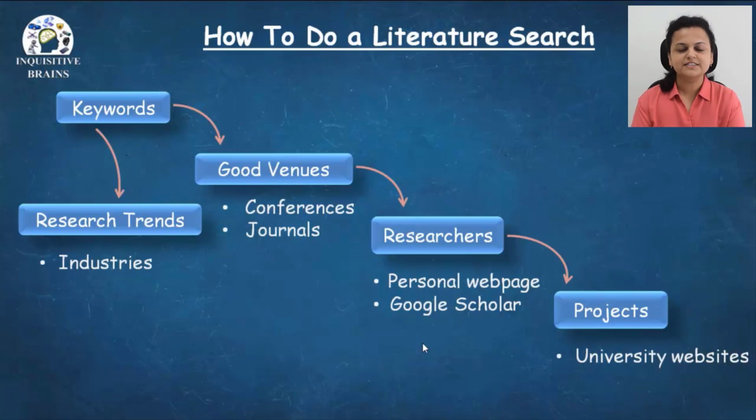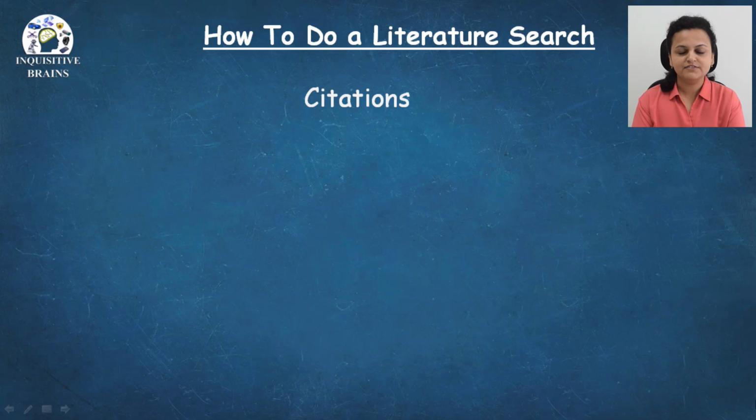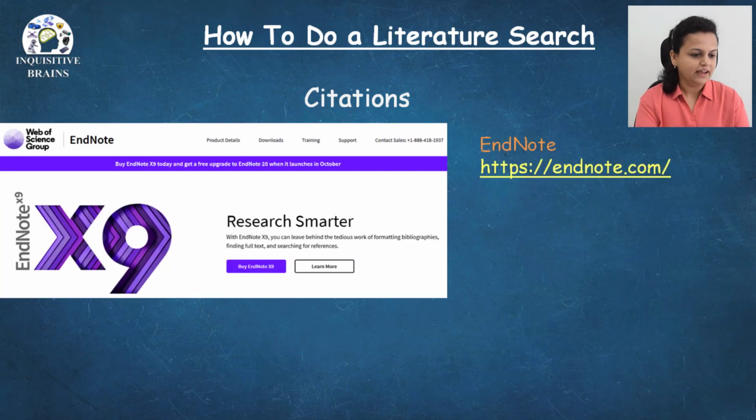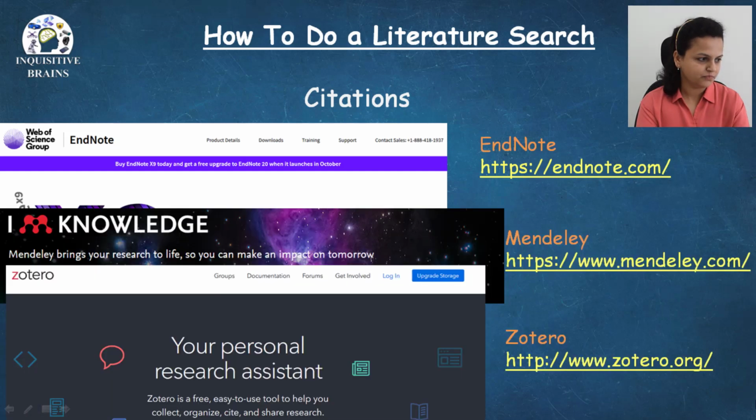Once you have summarized the research articles in your manuscript or thesis, you need to cite them. Reference management software are the ones that help you to keep the citations well organized. Some of the reference management tools are EndNote, Mendeley, and Zotero.